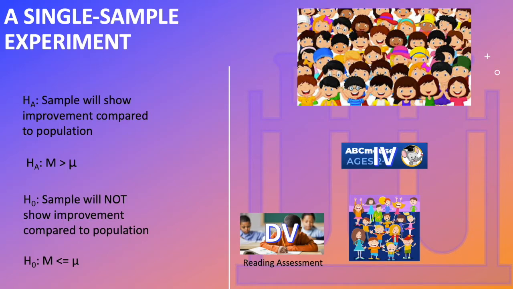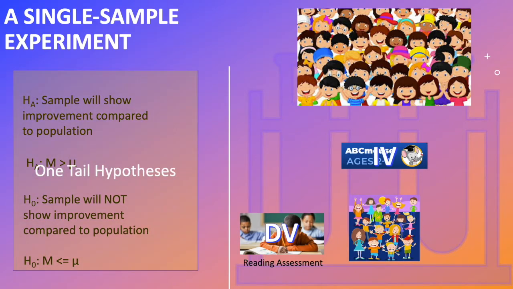You cannot show improvement by not changing at all, remaining the same. Or you cannot show improvement by getting worse. So we have to write it this way: the mean is less than or equal to the population mean. Because we predicted a particular direction, we predicted improvement, I remind you that we call this a one-tail hypothesis. We're being very specific in predicting which direction this is going to go.